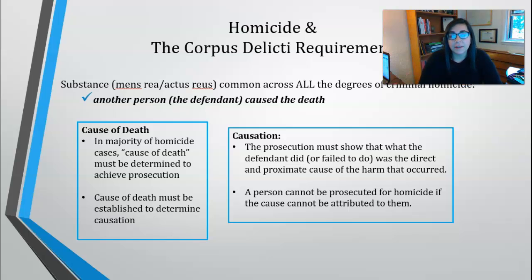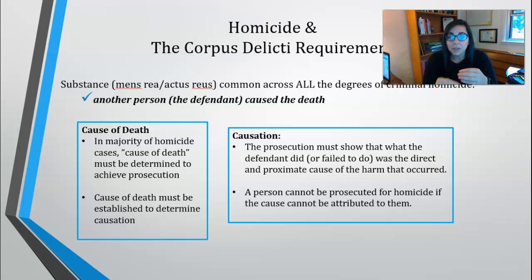More basic fundamental information about homicide. The other component that weaves its way through all the different degrees of homicide is that another person, the defendant, caused the death. Cause of death. We talked a little bit about causation, proximate cause, intervening cause earlier in this term.